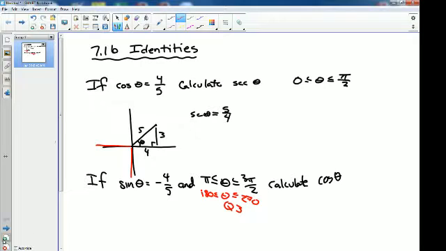Right. So when you draw the triangle, there's theta, right?